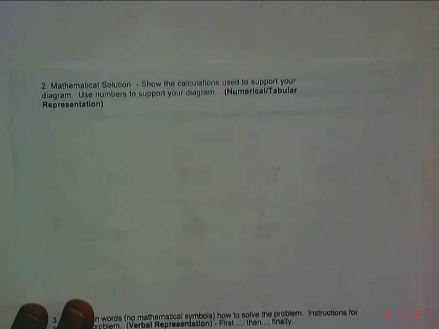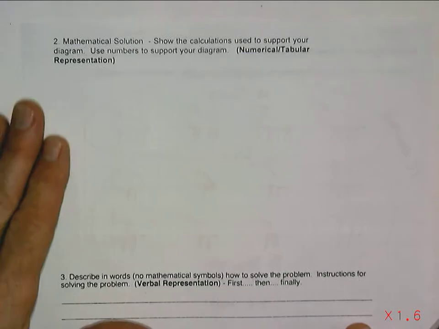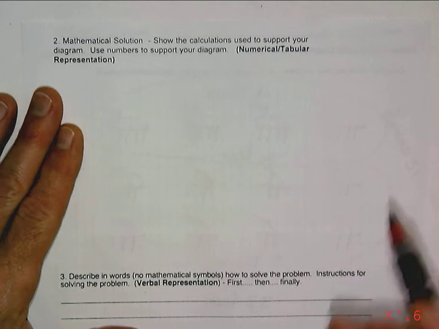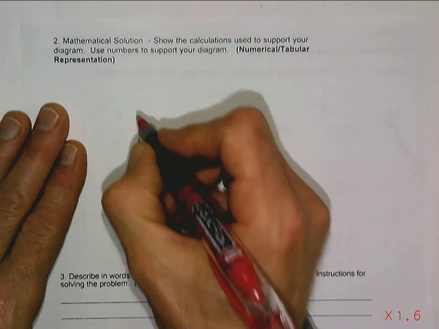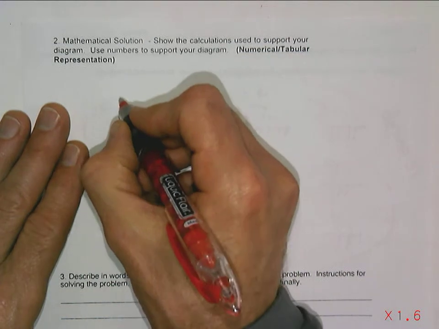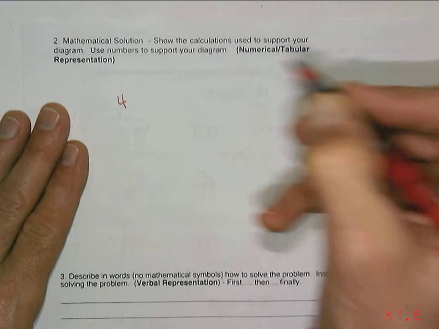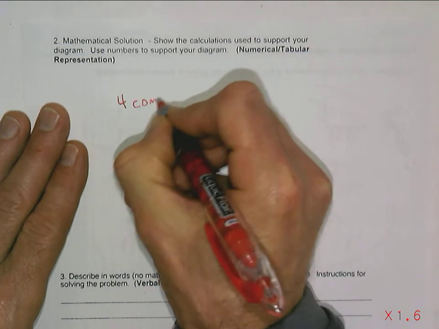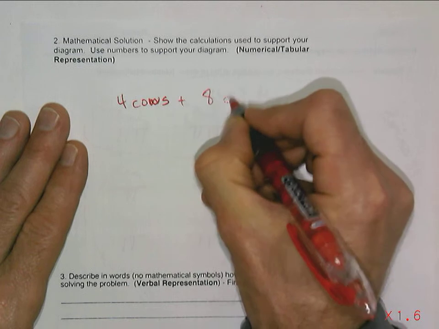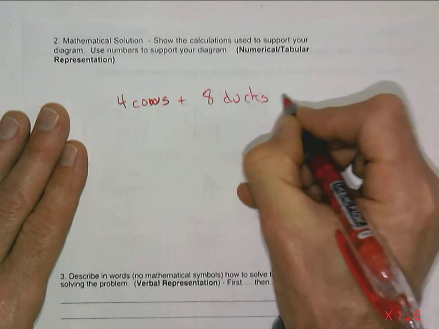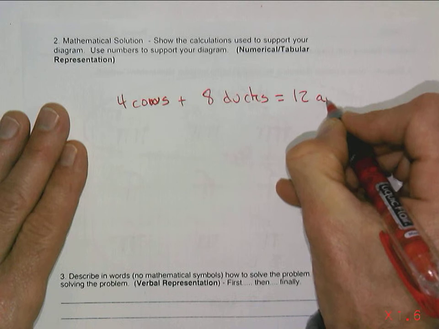And so now we want to have the mathematical solution, or be able to show the calculations that we use to support our answer here. So again, we said there were 4 cows plus the 8 ducks, and that equals our 12 animals.